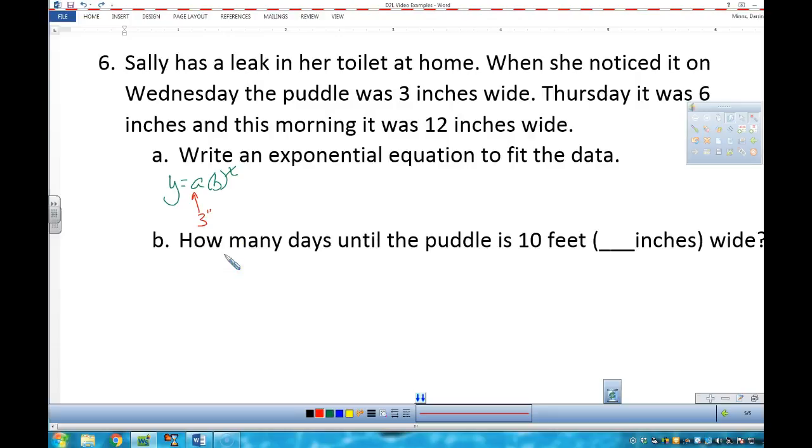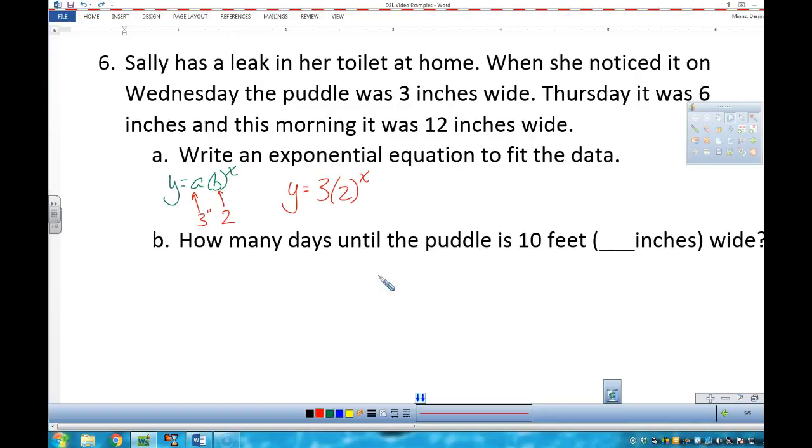Well, it went from 3 to 6 to 12. What's our multiplier? What's our common ratio? Sure, it's going up. It's doubling, isn't it? It's going up by 2. So quite easy plug-in. Y equals 3 times 2 to the x power. Done.